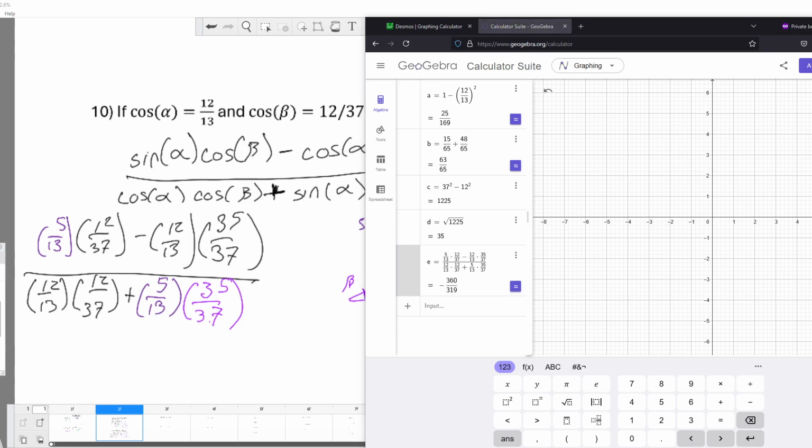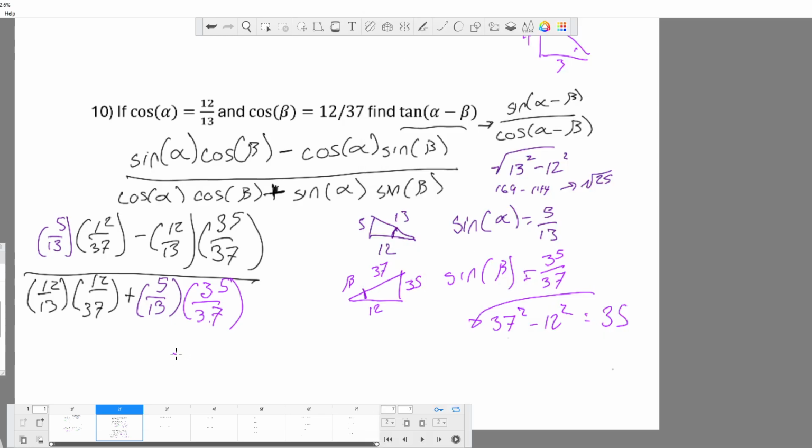And we end up getting negative 360 over 319. And that seems like that's probably right. All right, so let's move on to the next problem here.